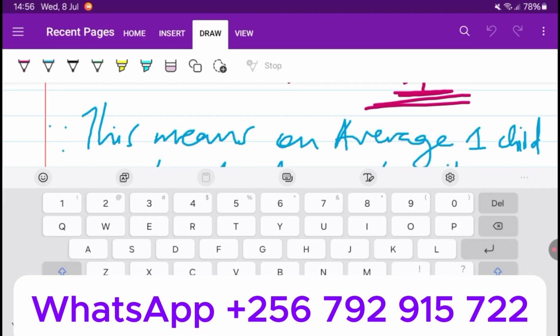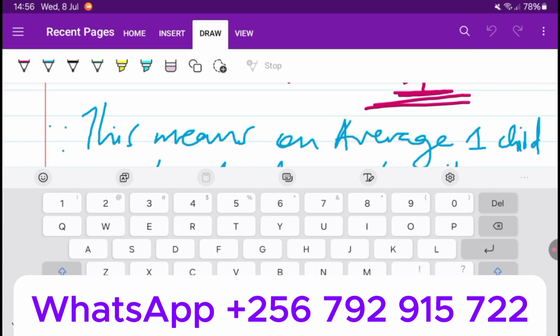Because someone can ask you roughly how many people do you employ on average in your factory, and you can say maybe on average they are 10. But the big question is, are they 10? Of course they may not be 10. So the implication is that you calculate the actual mean, but you base it on the assumption that the mean was assumed to be 10.